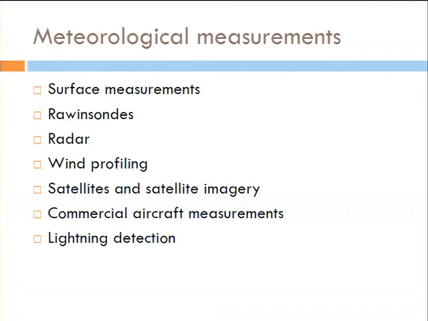We'll talk about radar, and then we'll talk a little bit about wind profiling, but we're not going to spend too much time on this because this is sort of a minor thing. But we will talk about satellites, satellite pictures and satellite imagery, and we'll talk a little bit about lightning detection. We can actually tell when lightning strikes the Earth based on the electromagnetic field that the lightning bolt creates.